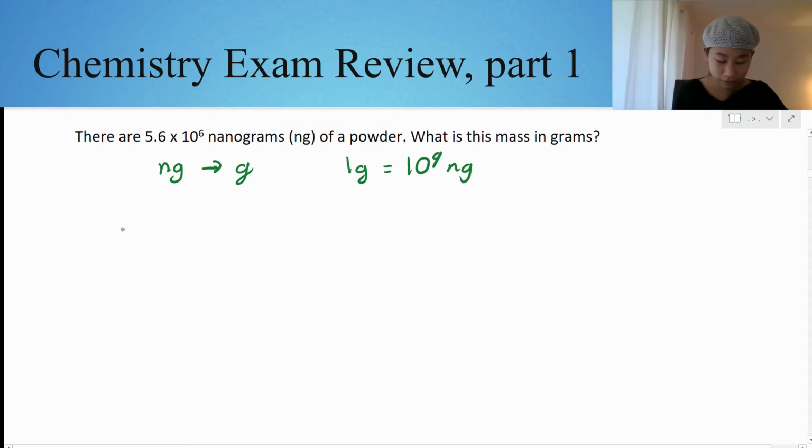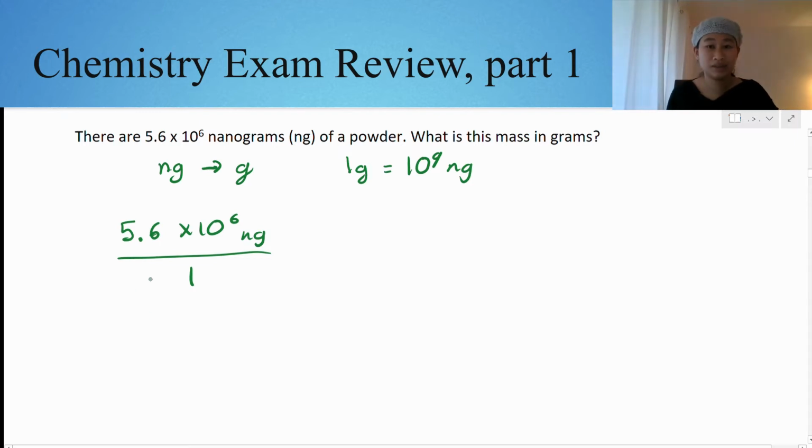And we start off with our equation, so 5.6 times 10 to the 6 nanograms. So I'm just going to put it over 1 so we can see the fraction. And then we're going to multiply this by the conversion factor in such a way that the nanograms cancel out. And we know that in order to cancel them out, we have to put nanograms at the bottom. So 10 to the 9 nanograms, and we have 1 gram on top.